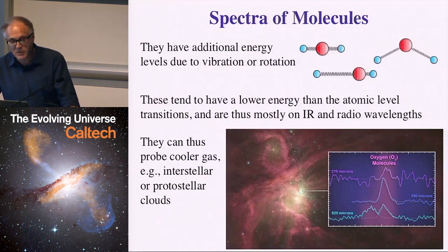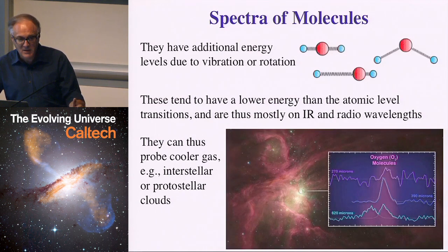This is then useful to study cold gas and gas where there is so much absorption that it absorbs ultraviolet and visible light, but far infrared or radio would go right through. And this is how we study regions of star formation, the clouds that are obscuring the cores of young stars.